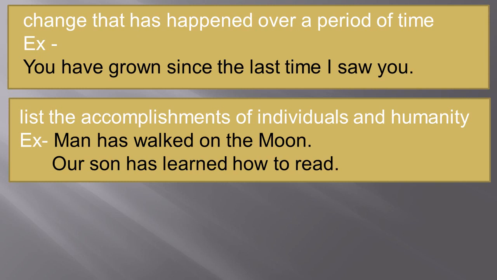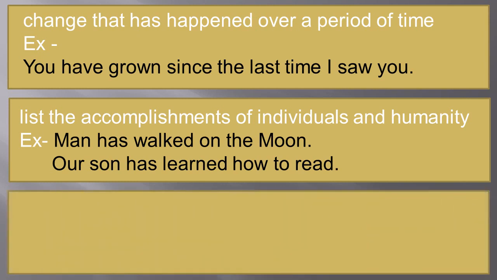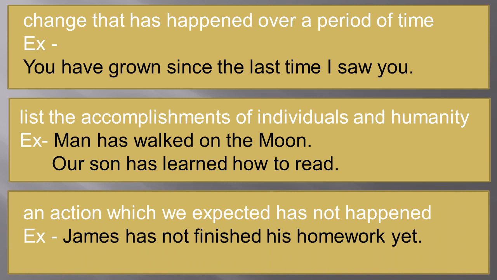So, in such cases, when we are listing the accomplishments of any individual or humanity, then we will be using present perfect tense. Then another use we have: to describe an action which we expected has not happened. For example, James has not finished his homework yet. That means the expectation is that the action has happened, but it has not, and in such cases also we use present perfect tense.